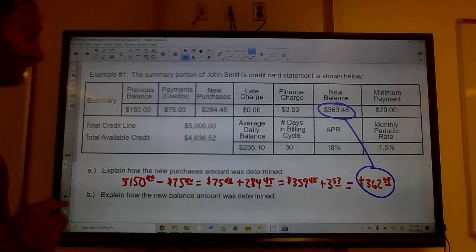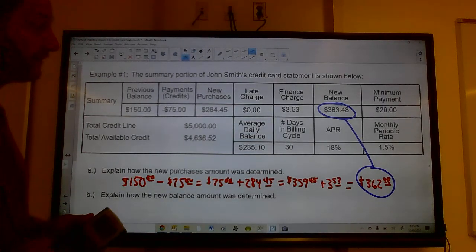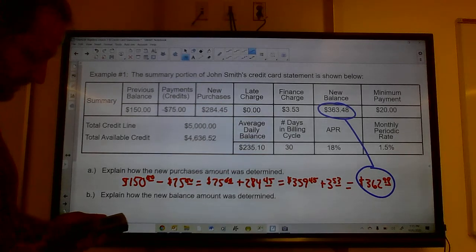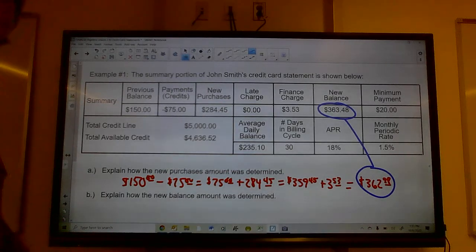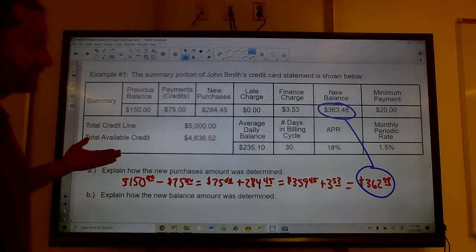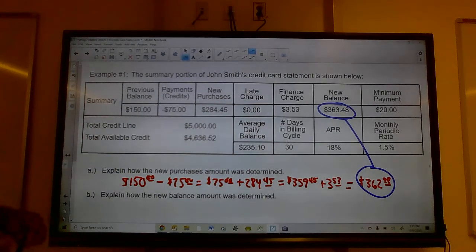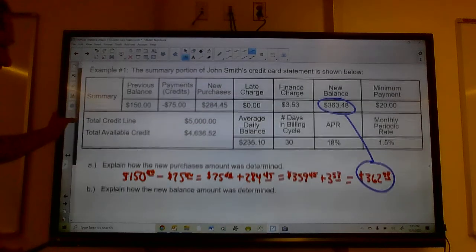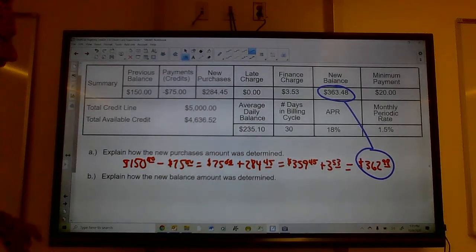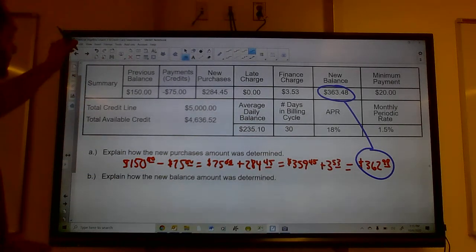So sometimes there are mistakes on statements. So this would be one that we caught. Our balance should be a little bit lower, so that would be an instance where you would call the credit card company and go, hey, we got a problem here. Explain how the new balance amount was determined. Okay, we just did that. So he's cake.